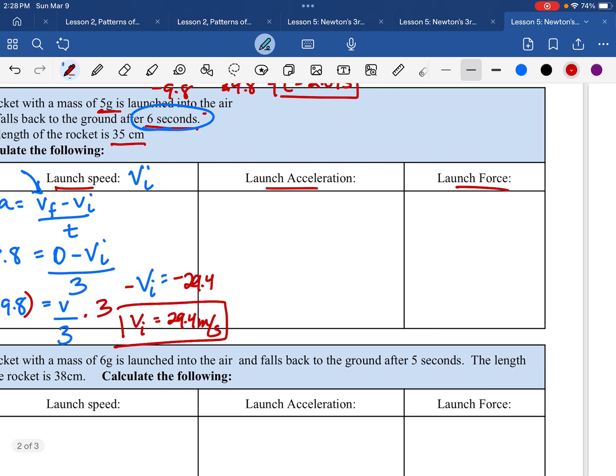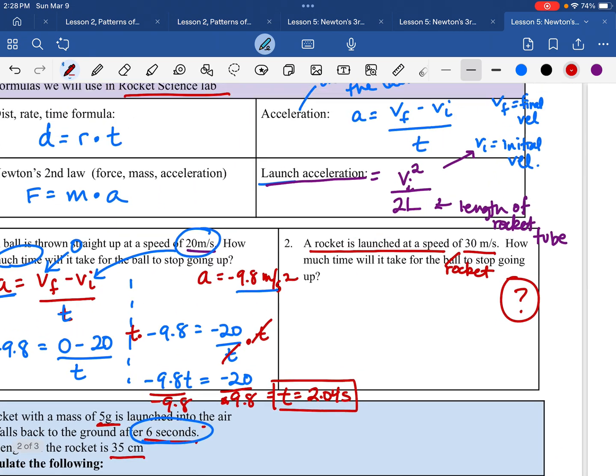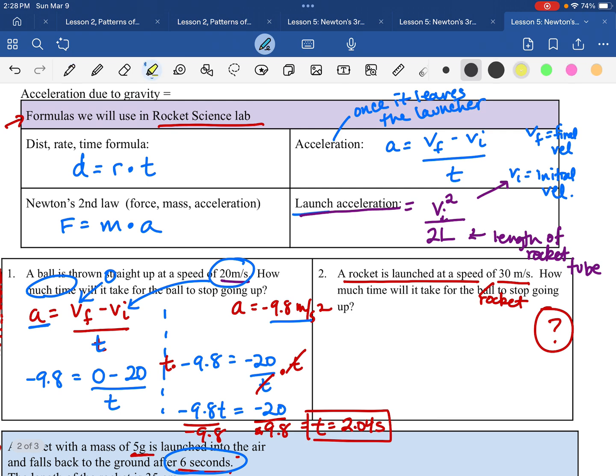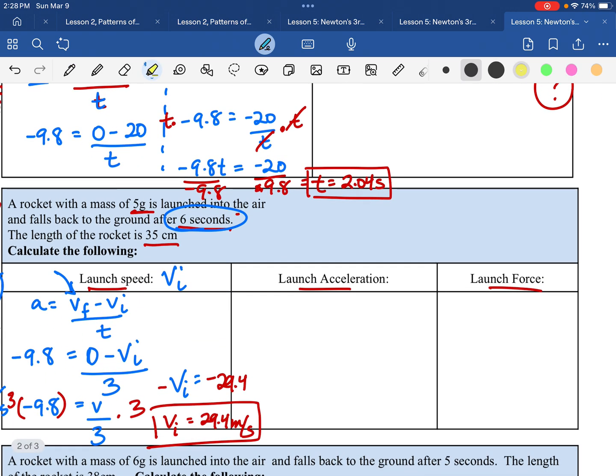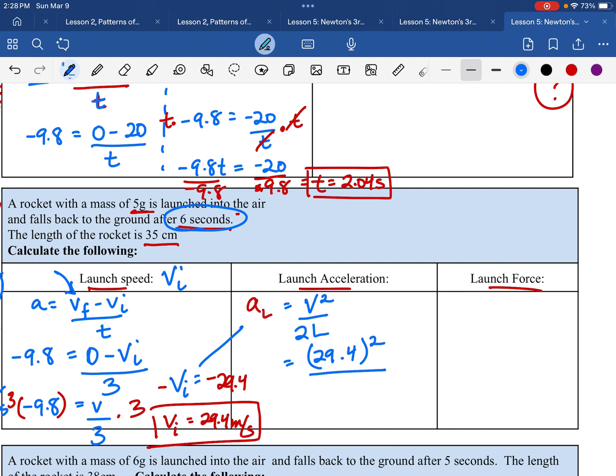Okay. Now we're going to find the launch acceleration. Now for the launch acceleration, we have to use this equation here. So launch acceleration, we could call that AL, equals v squared, this initial velocity, divided by 2 times the length. So let's fill in what we know. So v squared, this is the launch speed, 29.4 squared. Now here's our length, 35 centimeters. Now this is important.